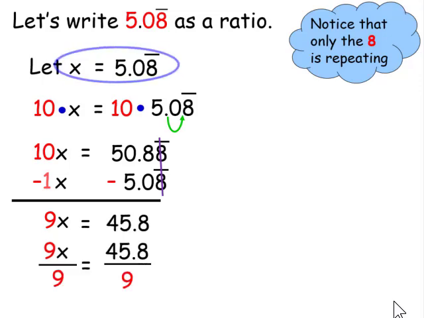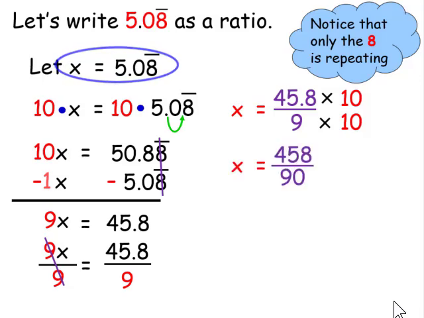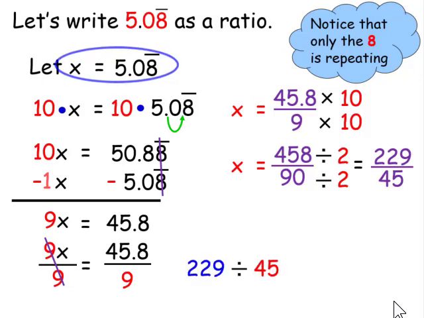We'll divide both sides by 9. X is equal to 45.8 over 9. Multiply the numerator and denominator by 10 to remove that decimal. X is equal to 458 over 90. Since the numerator and denominator are both even, I know I can divide by 2. This leaves me with 229 over 45, which means 229 divided by 45.